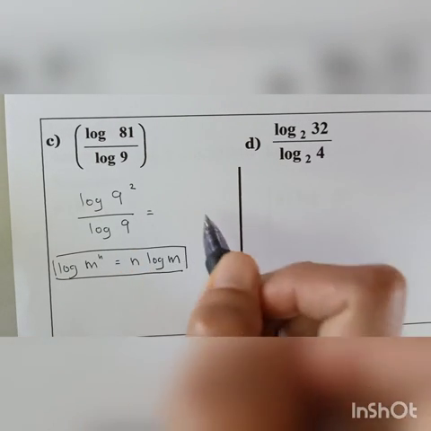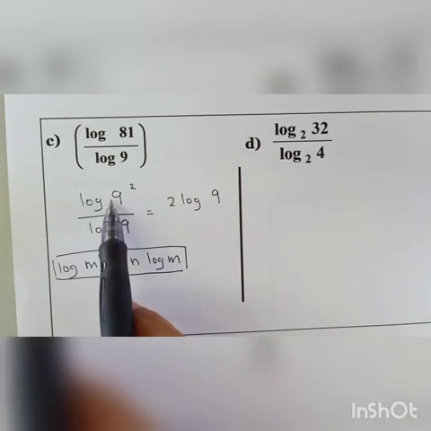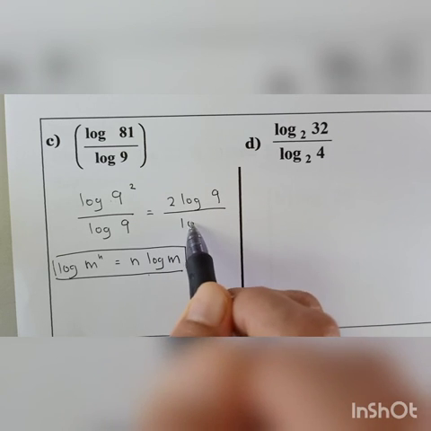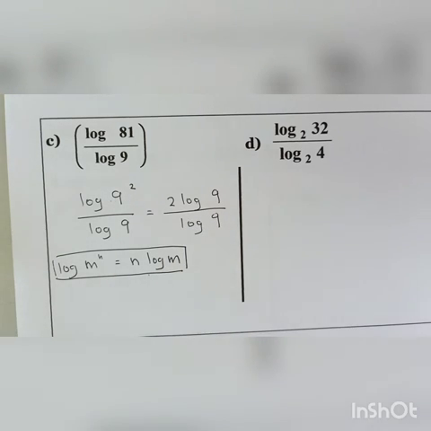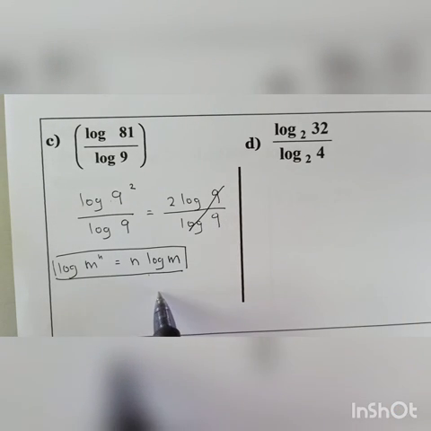So you get 2 log 9 over log 9, because we applied law of log number 3. Here we can simplify log 9 over log 9 equals 1. So the final answer is 2.